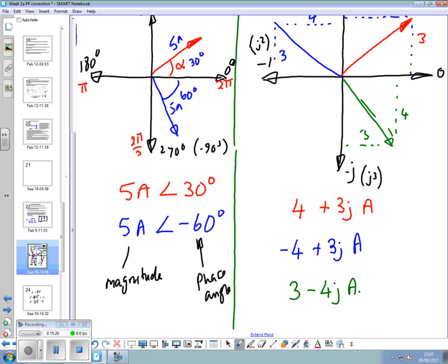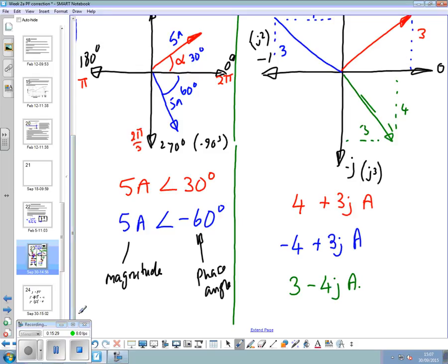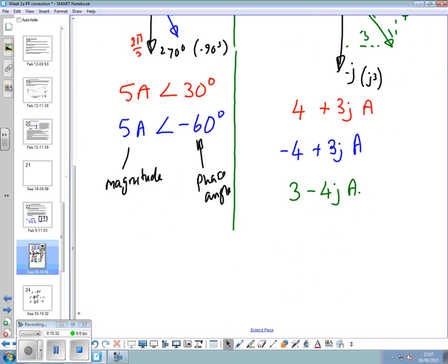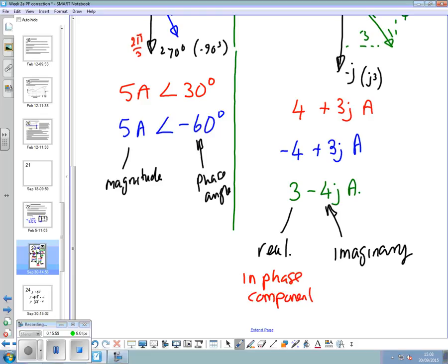We've got another way of describing these, which is to talk about these being real, imaginary, that's the mathematical terms, electrically in phase component, out of phase component.